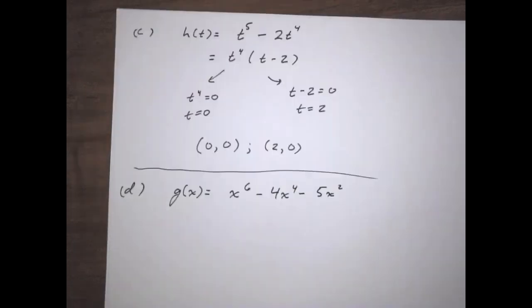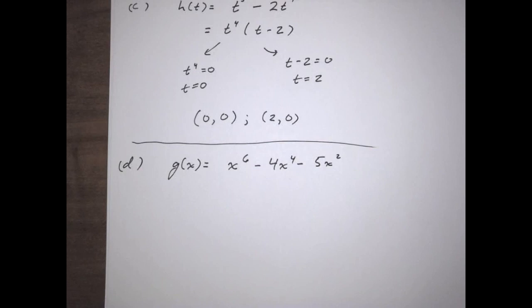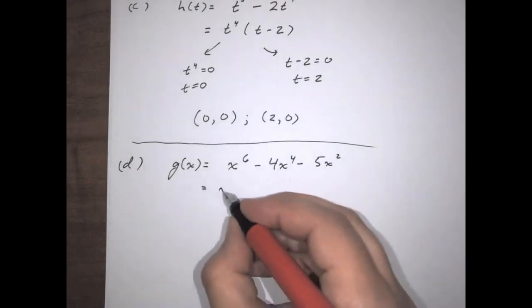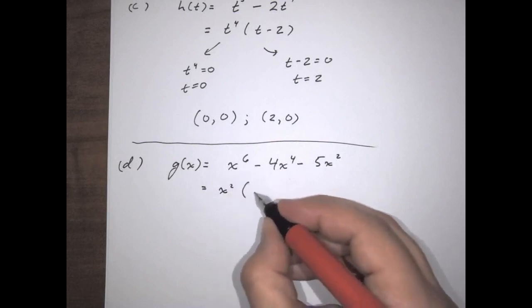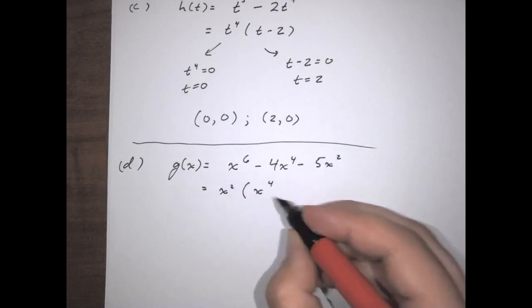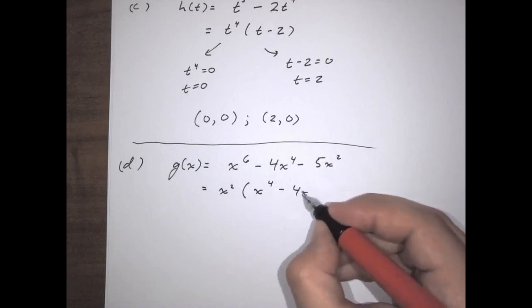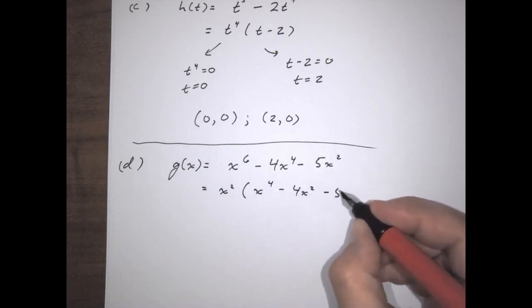So here, once again, we have a common factor that we can pull out of everything, such as x squared. And that leaves behind x to the 4th minus 4x squared minus 5.